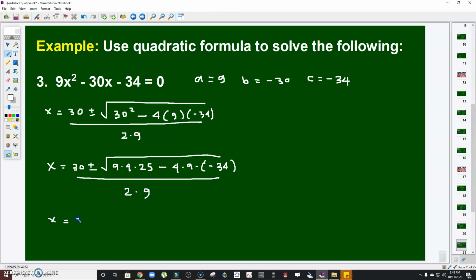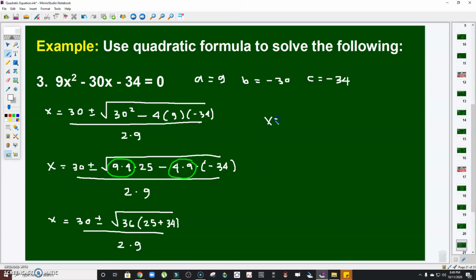So x equals 30 plus minus. Take note, I can factor out 9 times 4, or 36. So that is square root of 36 times 25, negative times negative 34 will become positive 34. So this will become 34, all over 2 times 9. There you go.